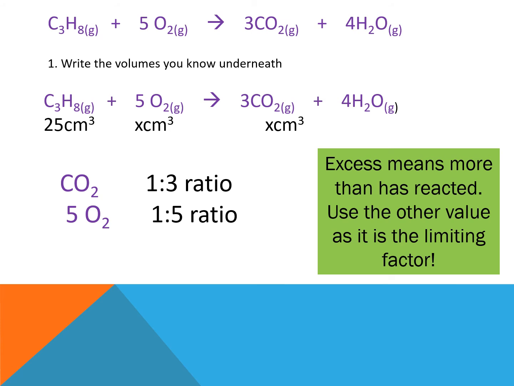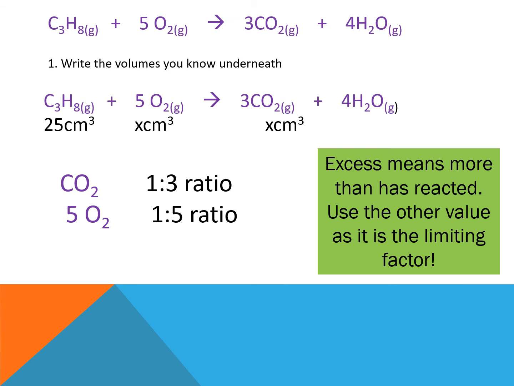The second part then is looking at oxygen. What we are going to do with our ratio is find out how much oxygen actually was used. So here the ratio is 1 to 5. So we take 25 and multiply it by 5. And that lets us know that 125 centimeters cubed was used in the reaction.